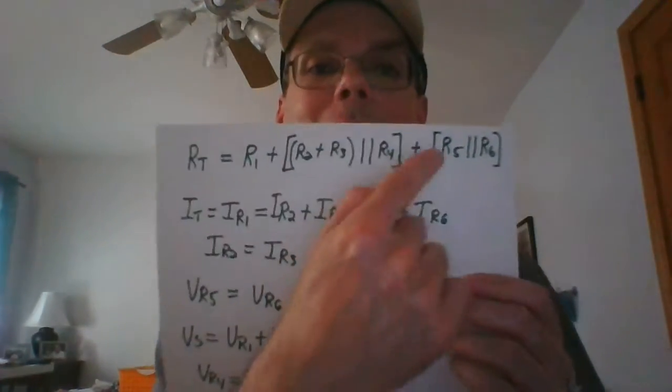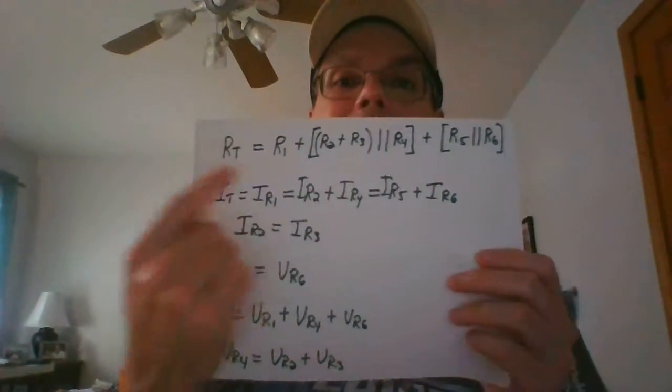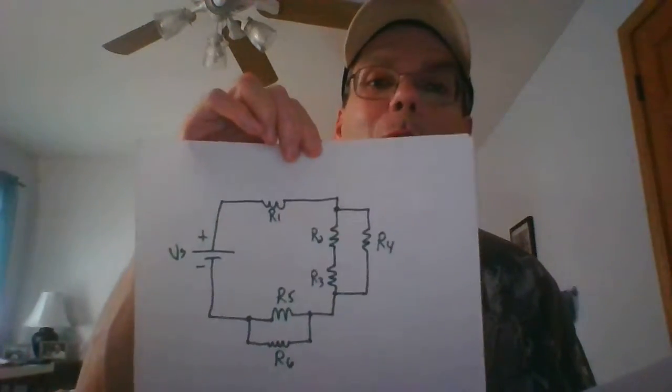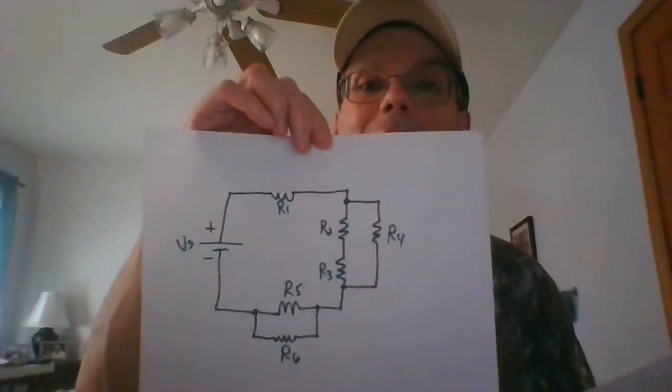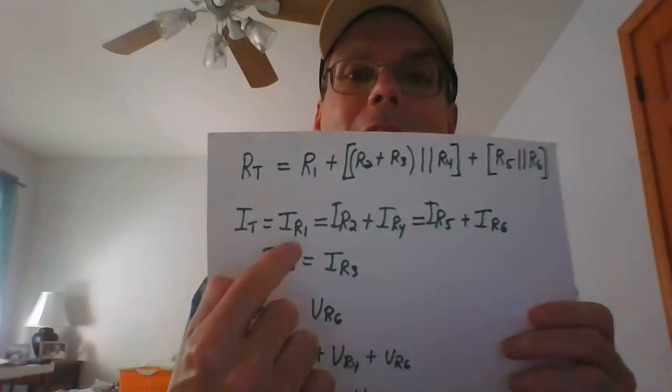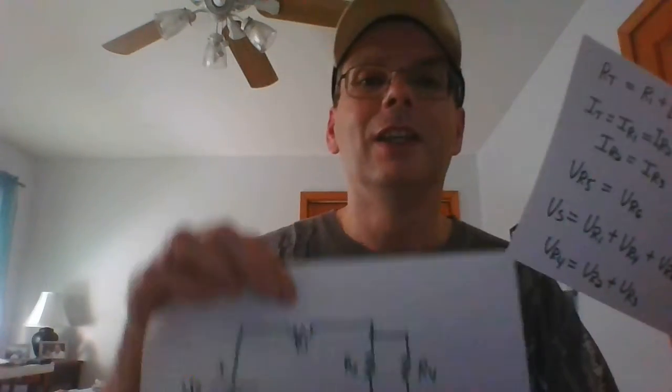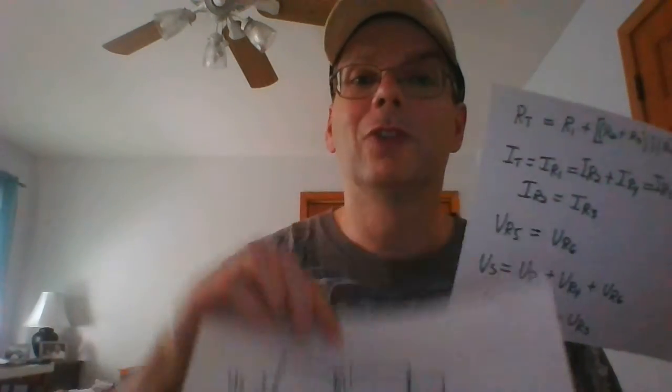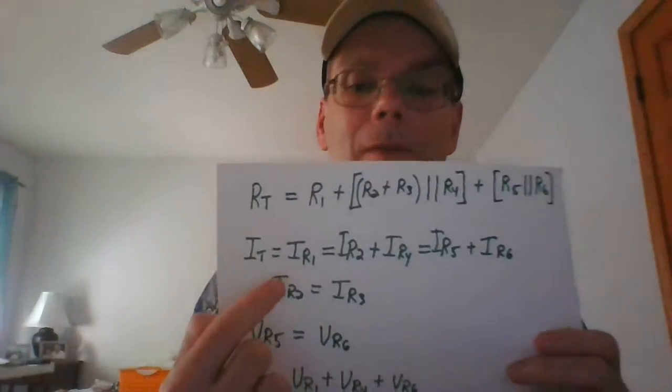So start with identifying how the resistors are connected together. Still don't pick up your calculator. What I want you to do next is write down every relationship between voltages and currents that you can find in this particular circuit. So current-wise, the total current goes through IR1, because resistor 1 is in series with the source, so it has no other place to go.